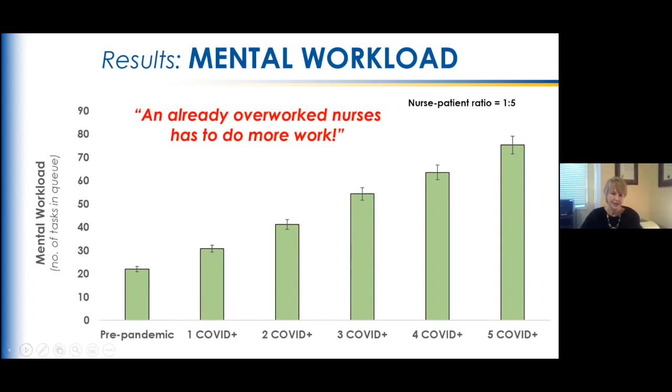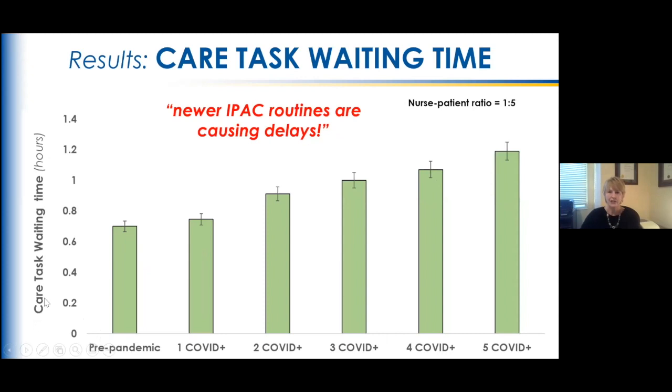And so the next indicator gives us a little bit more information about that as well. This is showing the care task waiting time. So the average time a care task had to wait before the simulant nurse could complete it increased by 70% across the varying conditions.